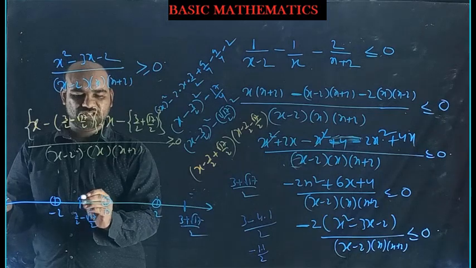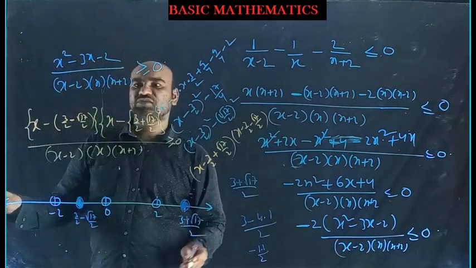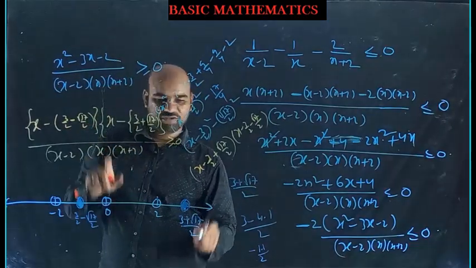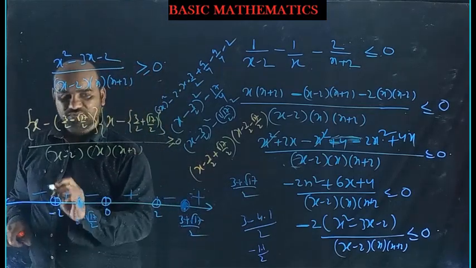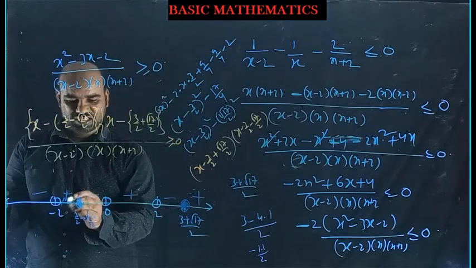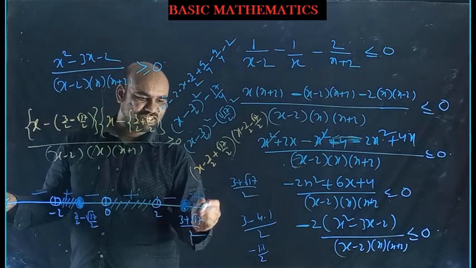So this is a thick circle. This is also a thick circle. So signs: odd power, odd power, odd power, odd power. Just directly I am writing minus. Greater than or equal to means positive signs you want. This area you want, this area you want, this area you want.